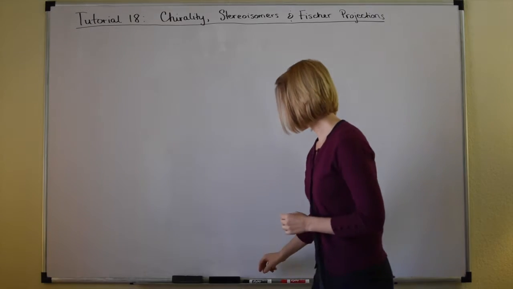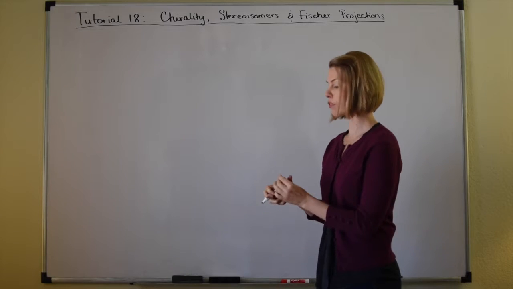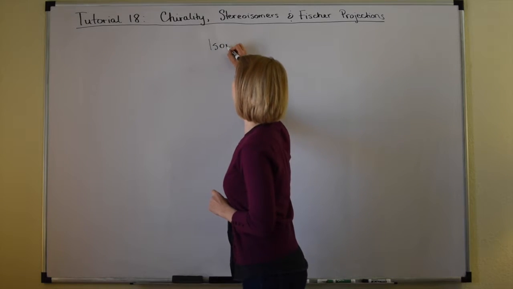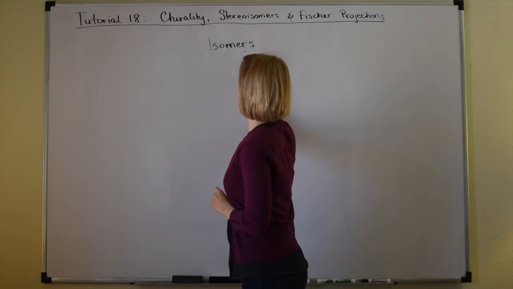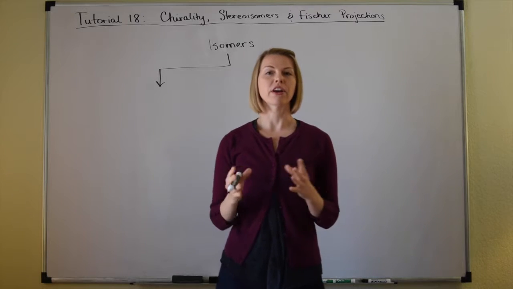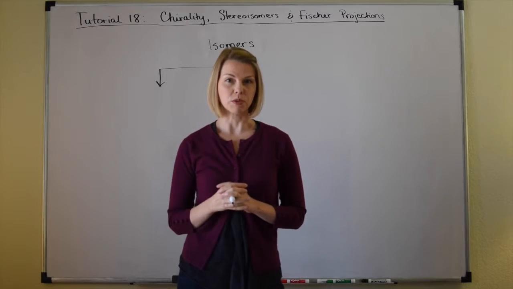So let's make a brief flow chart to show the relationships that we already are aware of. We already know that there are structural isomers.